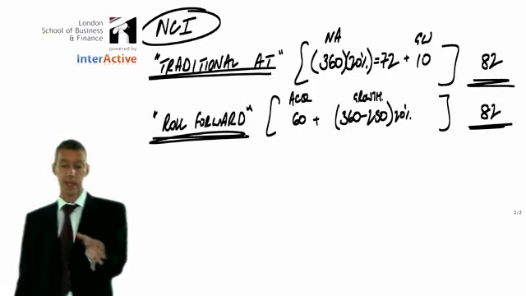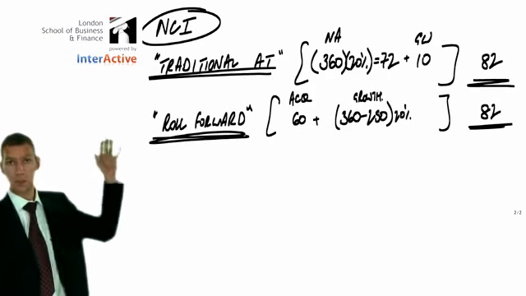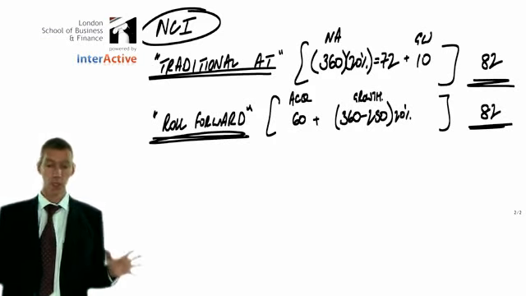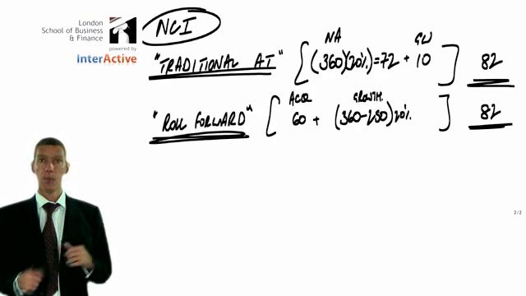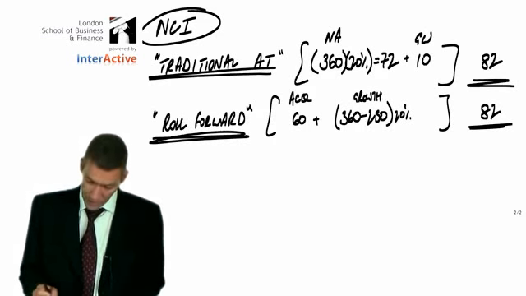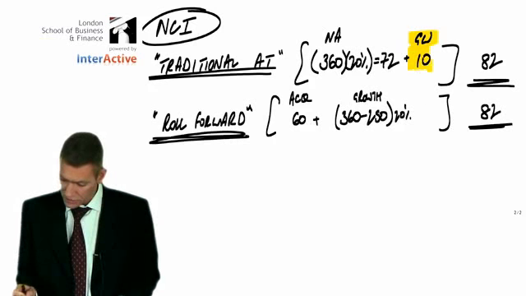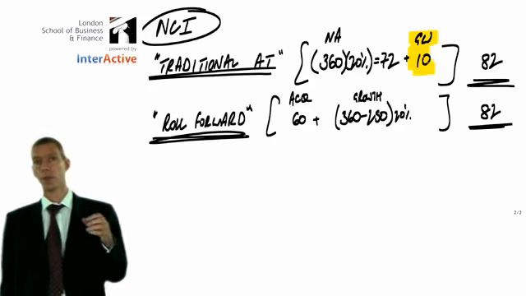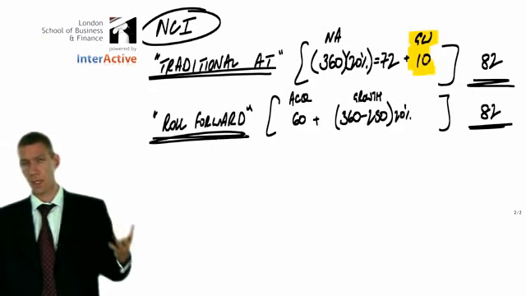Now, looking at it, as you see presented to you on the board now, it probably looks roughly equal in terms of its difficulty. But the big advantage of roll forward is that you don't have to calculate this figure. You don't have to calculate the goodwill ownership allocated to the NCI.